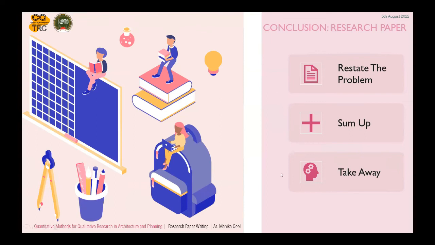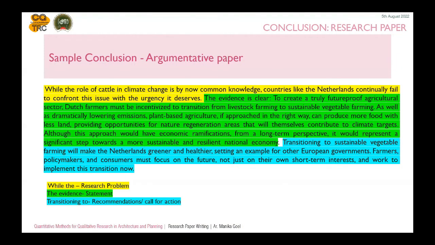Coming to the example of a conclusion: while the role of cattle in climate change is by now common knowledge, countries like the Netherlands continually fail to confront this issue with the urgency it deserves.